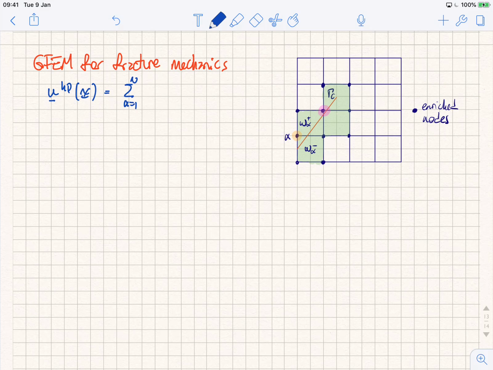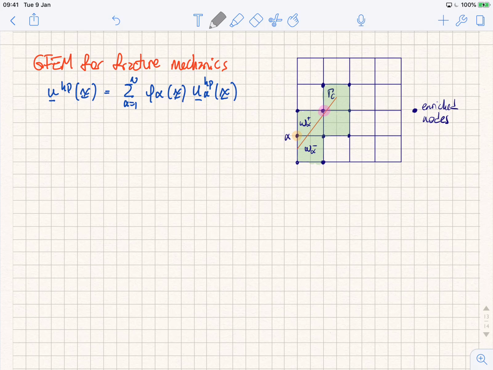So I have a sum over alpha equals 1 to n. These phi alpha are my partition of unity shape functions. And then I have some function u alpha in that corresponding cloud, HP. Right, so this approximation means that we are pasting together all those different behaviors that we have in the clouds.